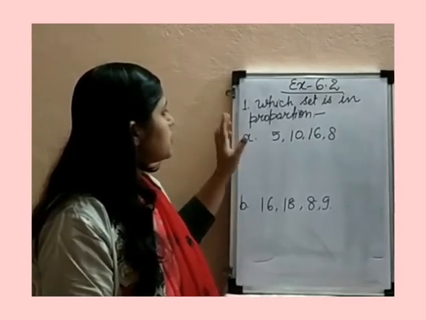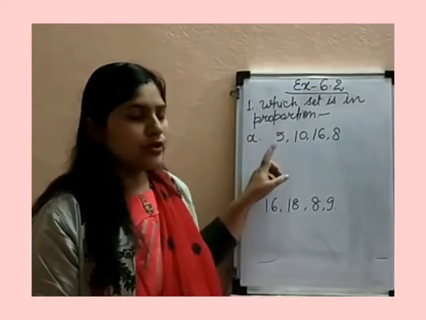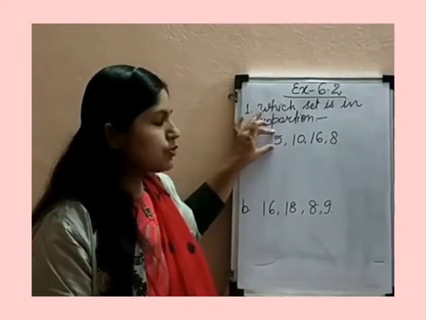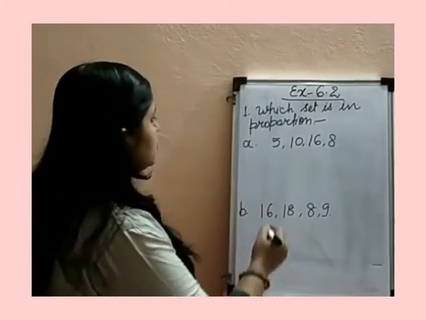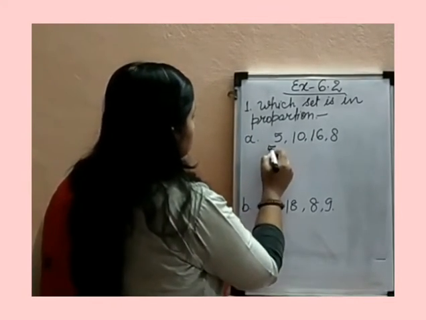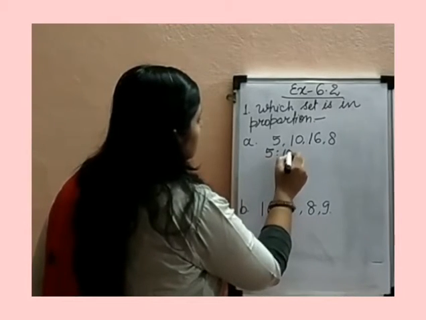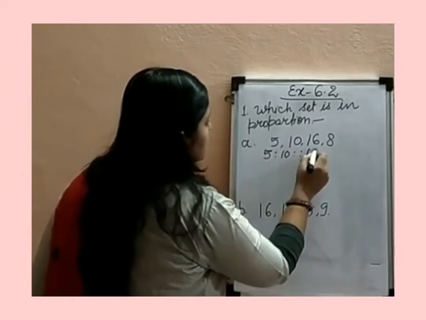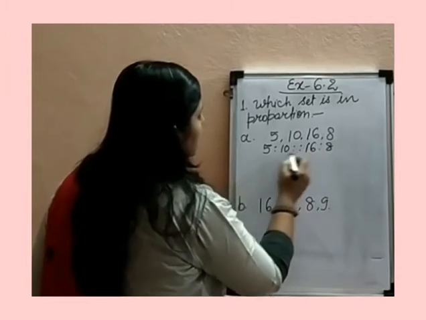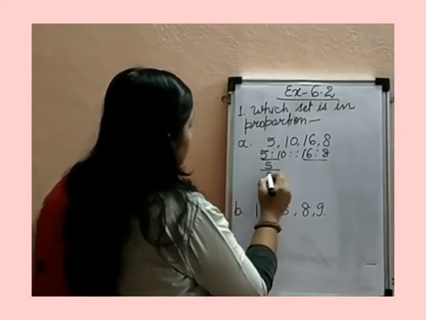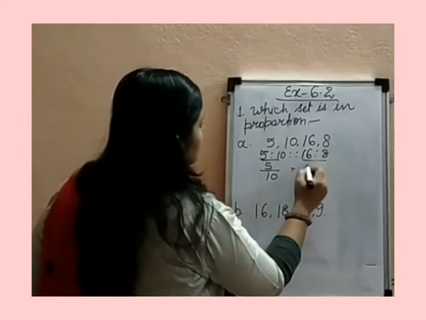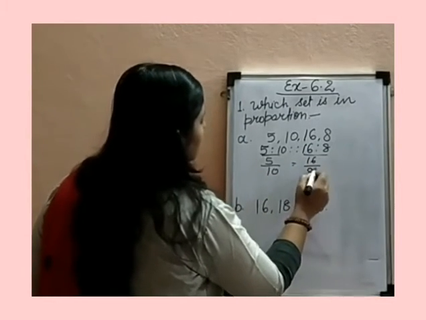So the first question is, which set is in proportion? We have to find out whether this is in proportion or not. So we can write 5 is to 10 proportion to 16 is to 8. Two ratios are here. We can write it 5 upon 10 equals to 16 upon 8.